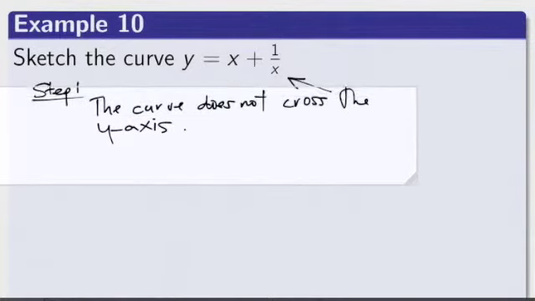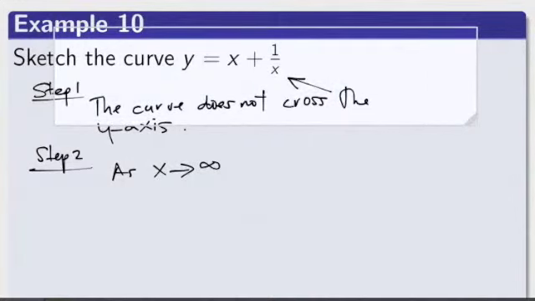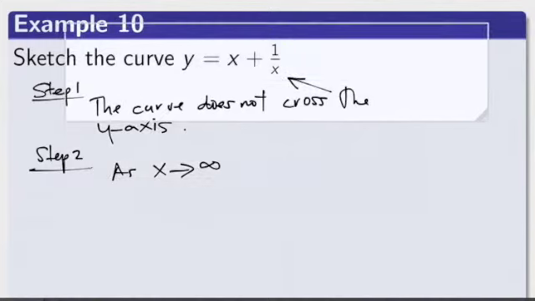Step 2, we want to find the behavior of y as x approaches plus or minus infinity. As x approaches plus infinity, y equals x plus 1 on x, and the 1 on x term becomes 0 because 1 on a big number is 0, so y approaches x.